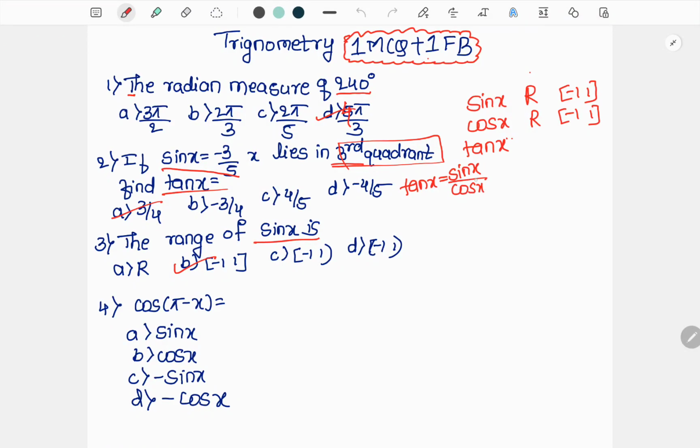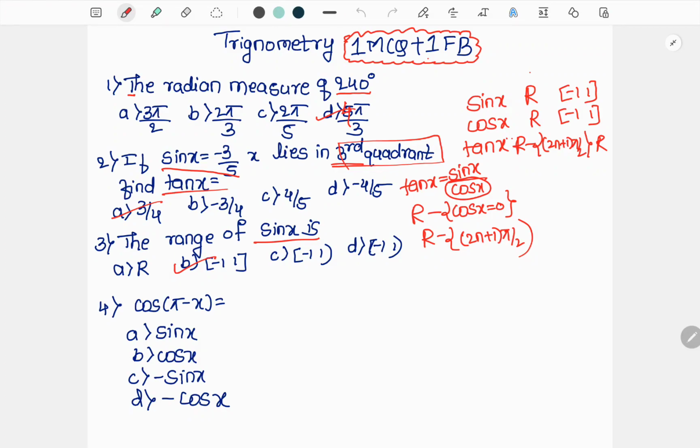So here tan's domain is all the real numbers minus the points where cos x is equal to 0, because if cos is 0, the function is not defined. Cos is 0 at (2n plus 1) into pi by 2, odd multiples of 90. So domain of tan is R minus (2n plus 1) into pi by 2. Range is all the real numbers, not a problem.